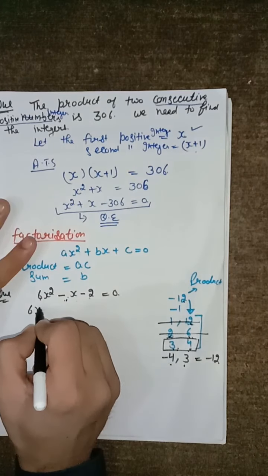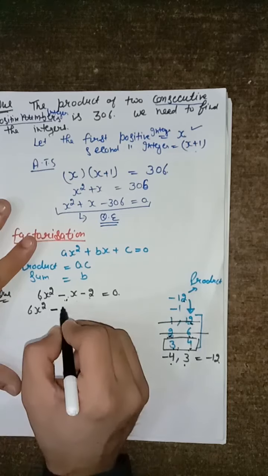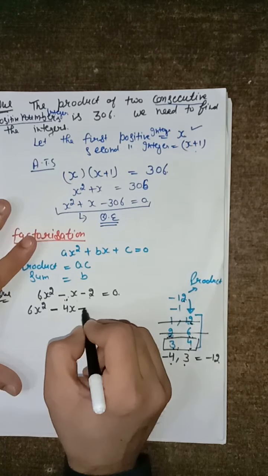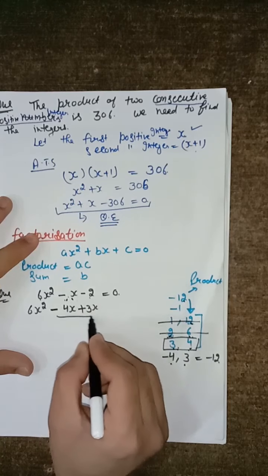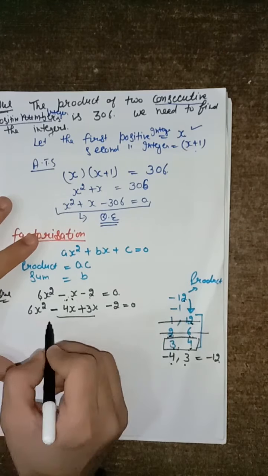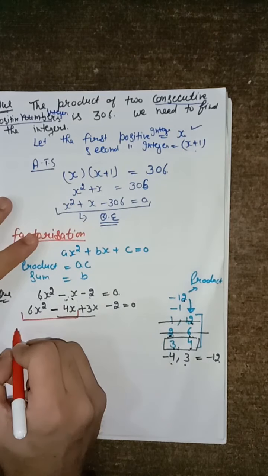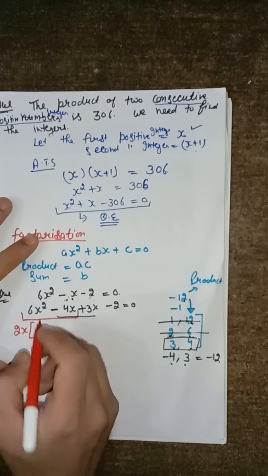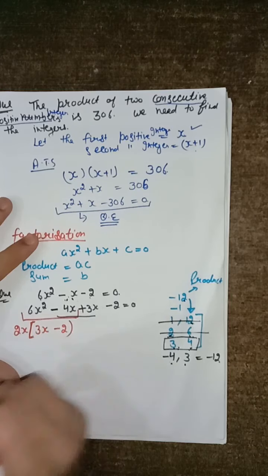So substitute this: 6x square minus 4x plus 3x minus 2. I divide minus x into these two numbers. Now common out from first two terms. Here 2x will be common out and we are left with 3x minus 2.